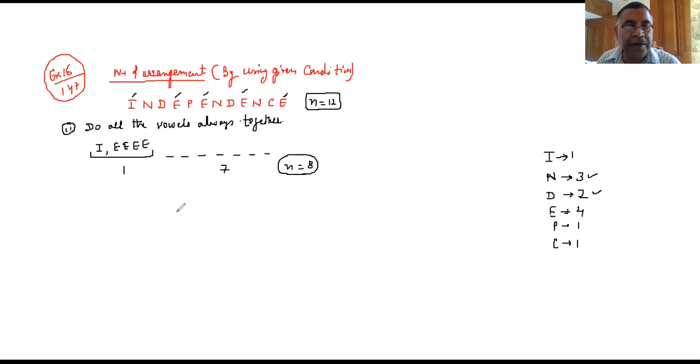So what I will write, the number of times we can get the words when all vowels are together.